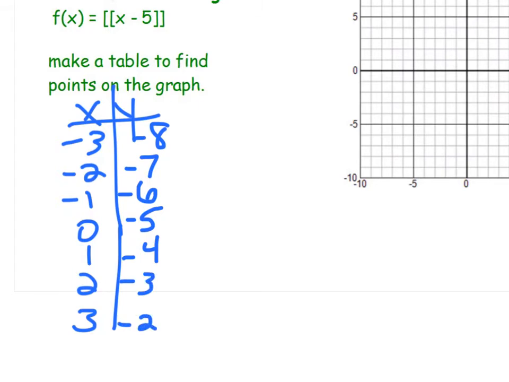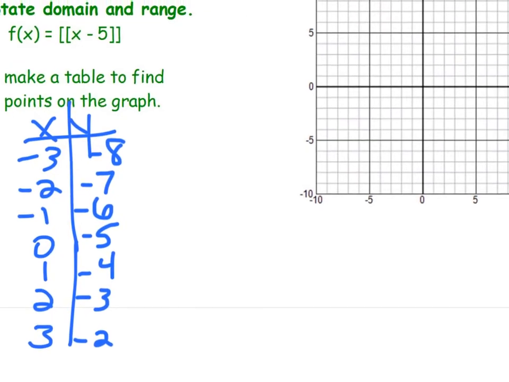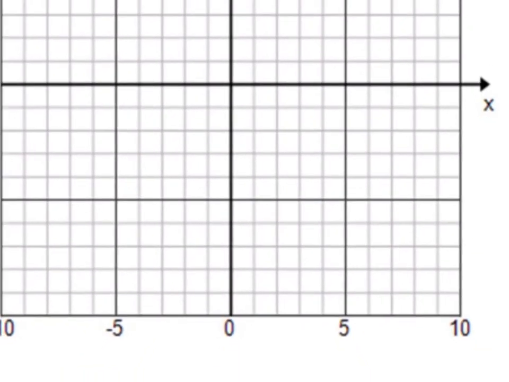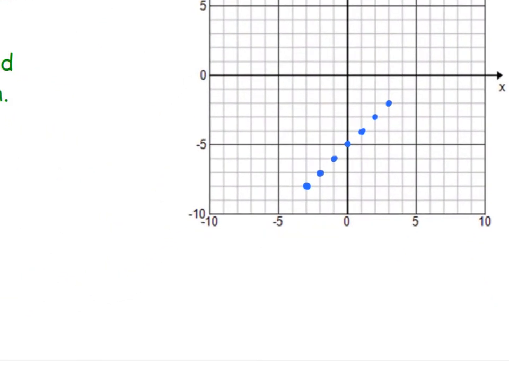So I'm going to plot all those points. I'm starting at negative 3, negative 8, and going up by 1s until 3, because those are the only points I plotted here. And now I need to figure out where the points go in between.